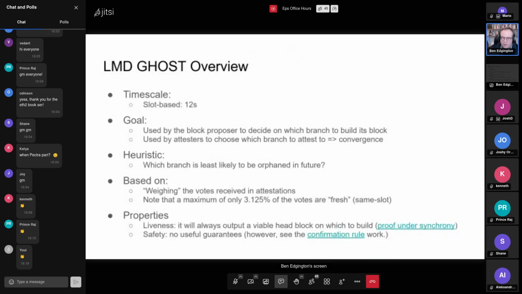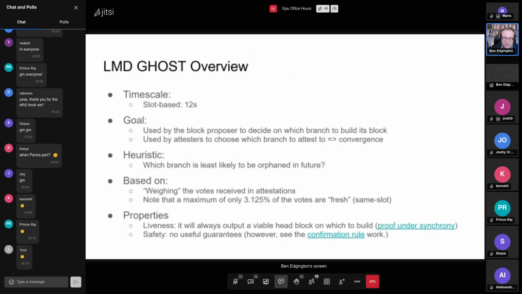However, there is some ongoing work on a confirmation rule, which, if you assume that less than 1/3 of the validators are adversarial, which we assume anyway, otherwise many things would break, and you assume that the network is synchronous in some sort, or eventually synchronous, then you can say that after you've collected enough votes for a block, it will not be reorged out of the chain.